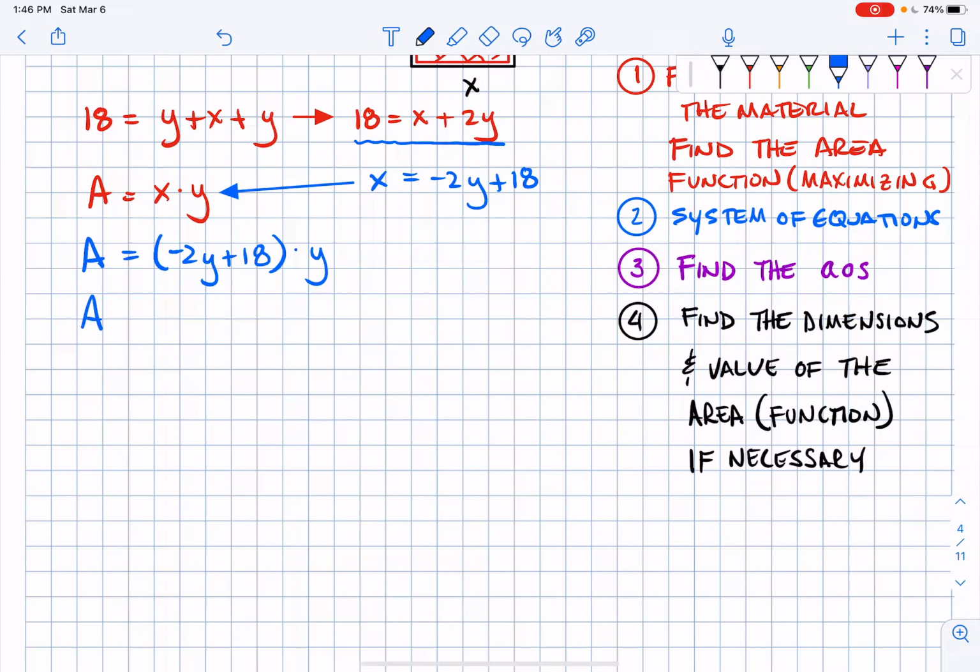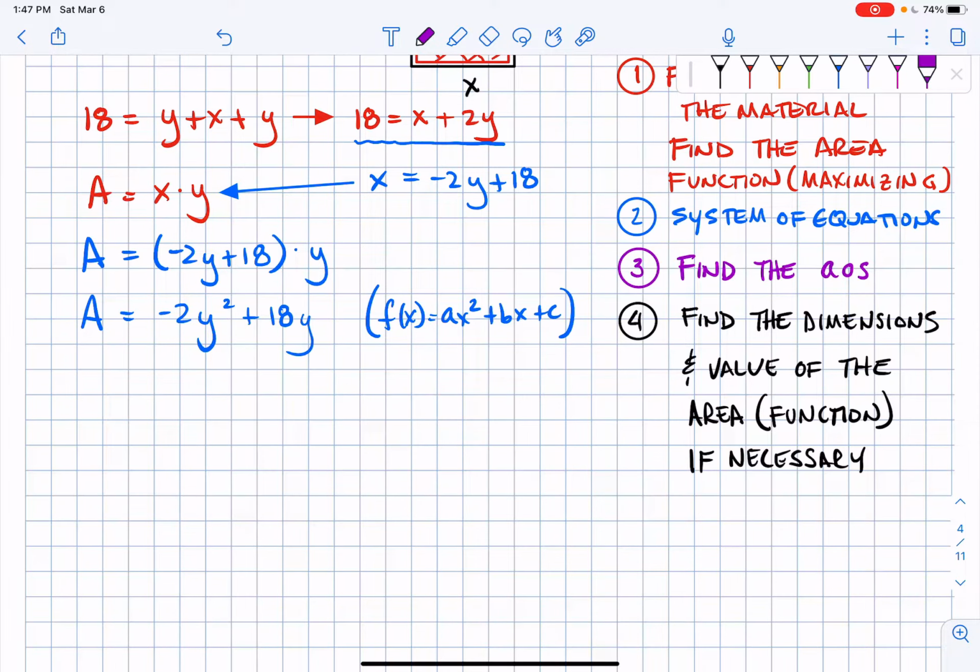The area is going to equal negative 2y squared plus 18y. This is similar to the form f of x equals ax squared plus bx plus c, right? My a is negative, so I will have a maximum because it's a frowny face. So I'm good there.